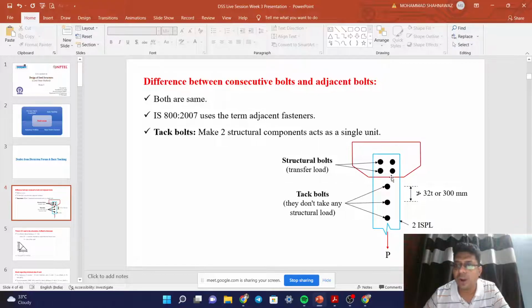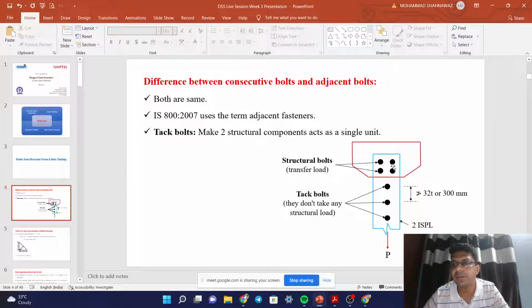These are called structural bolts. The purpose of these structural bolts is to transfer the load. Whatever load is coming on this plate will be transferred to this gusset plate through these structural bolts. So this is clear: the purpose of structural bolts is to transfer the loads.